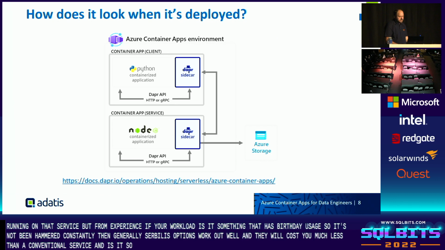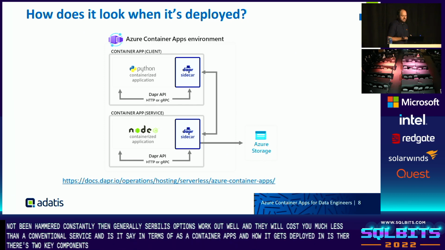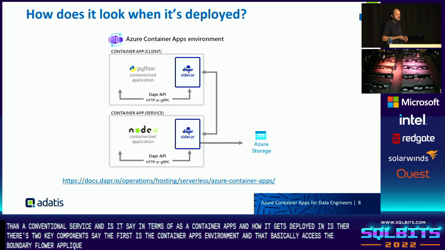So in terms of Azure Container Apps and how it gets deployed in Azure, there's two key components. The first is the Container Apps environment, and that basically acts as the boundary for our application. Say we were deploying a set of microservices that make up a full-blown application.